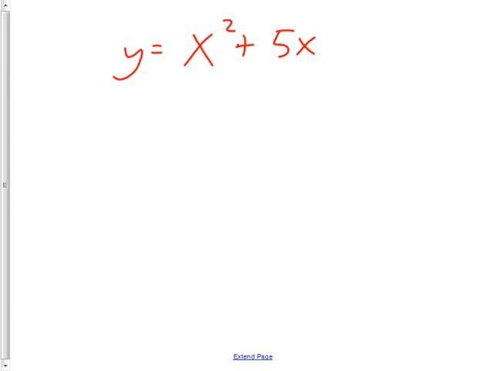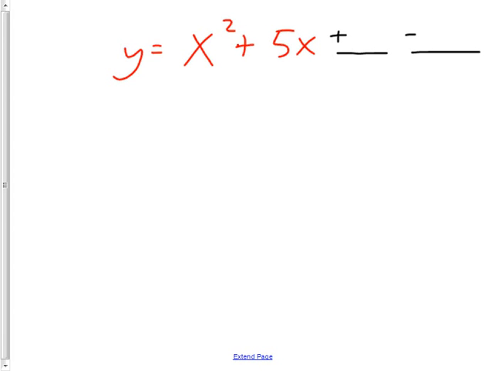Yep, this is in general form, and what I'm really asking you to do right now is write this in vertex form. So basically, complete the square. First job, plus a line, minus a line. Do this. Next job.